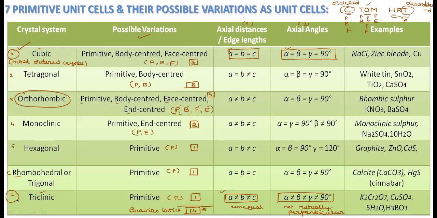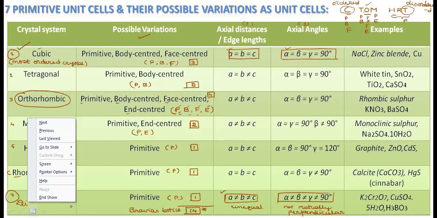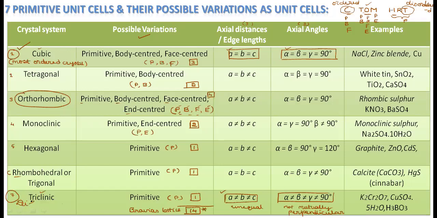This is the crystal system referred to as the most disordered crystal system. Most ordered is cubic, most disordered is triclinic.